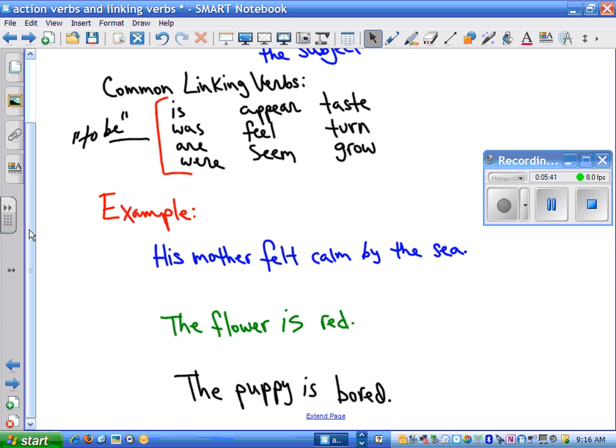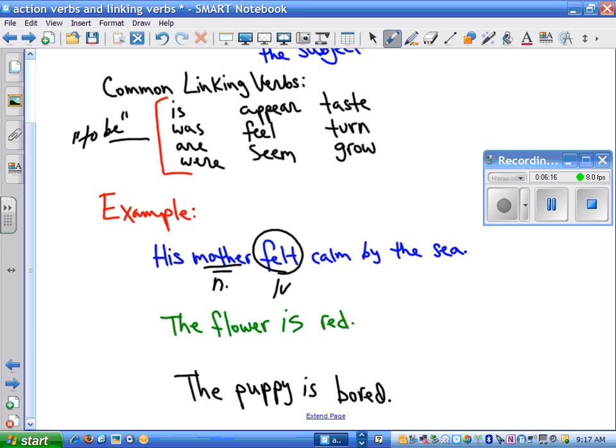Let's take a look at our three example sentences. His mother felt calm by the sea. Let's talk about that sentence. Felt. This is our linking verb. Okay? So if it's linking something, we should be able to identify the two items being linked. Let's start with the noun being described, which is mother.